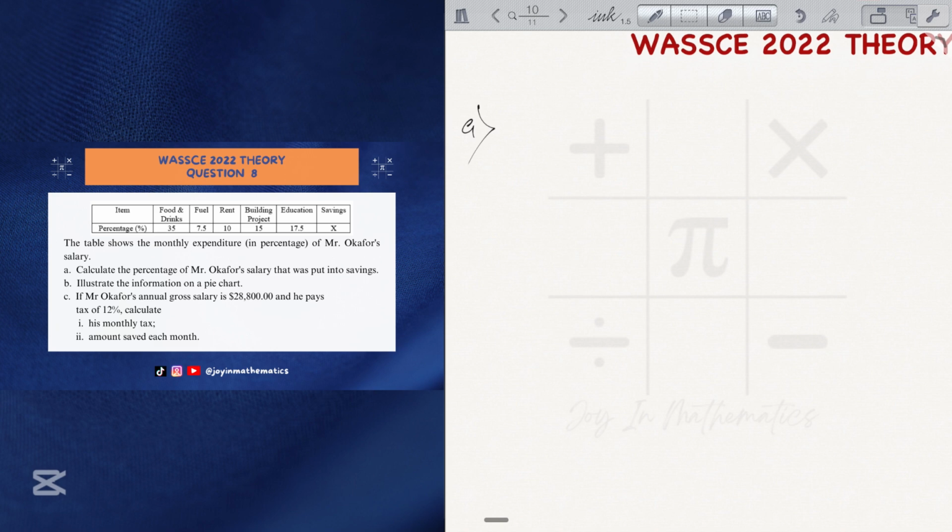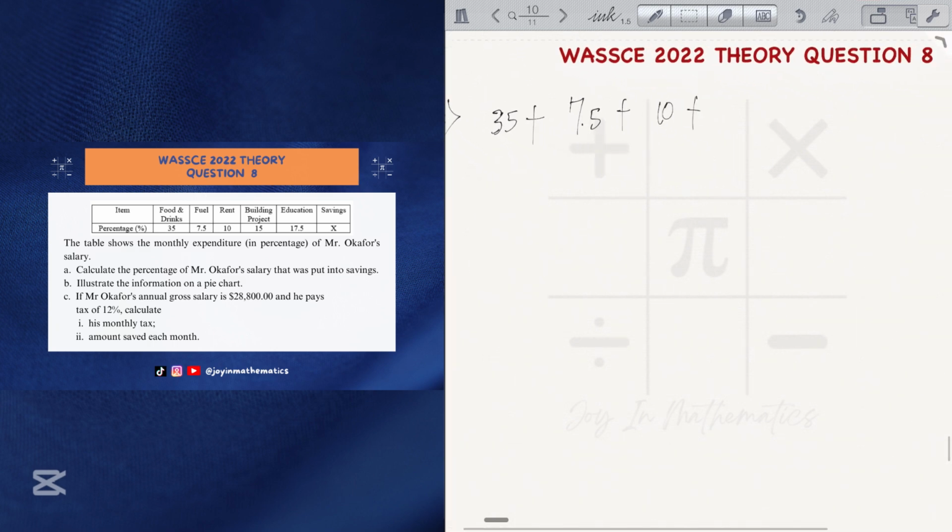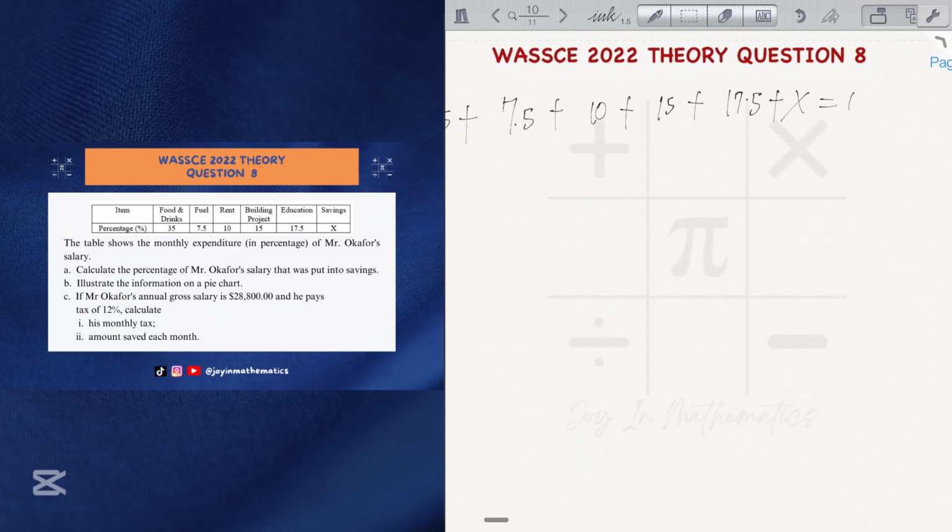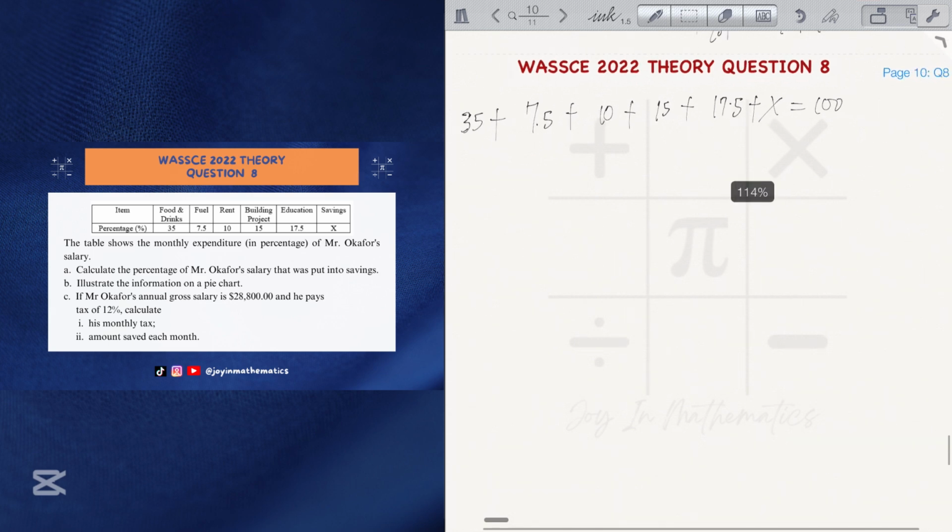So food and drinks 35% plus fuel 7.5% plus rent, which is 10%, plus building projects, which is 15%, plus education, that's 17.5%, plus savings, which is X, equals 100%.